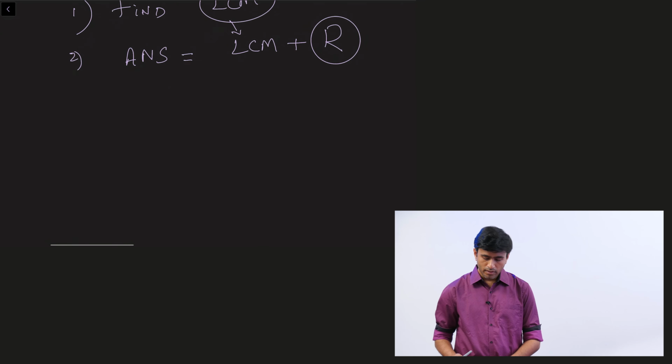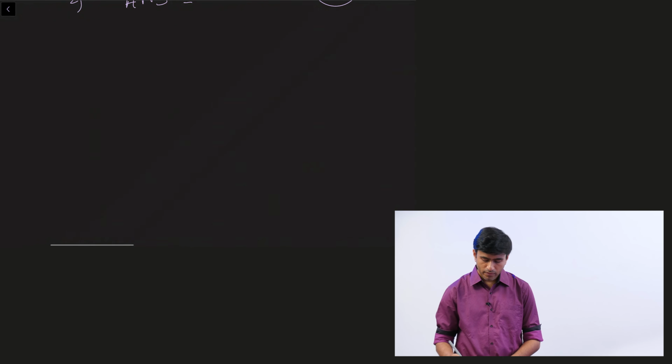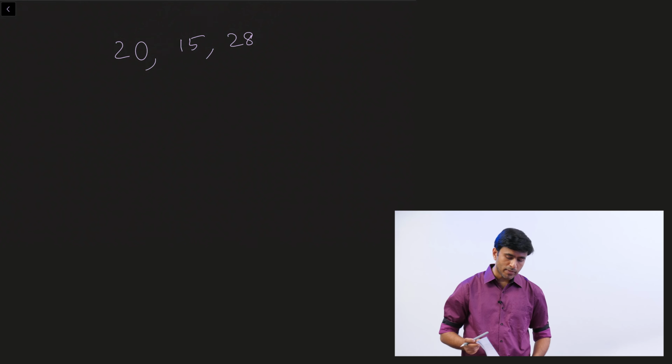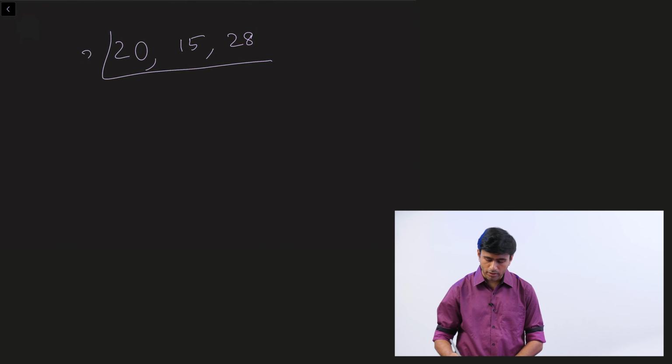So let's find the LCM. How do we find the LCM of the three numbers 20, 15, 28? The commonly used method is the division by prime factors. So we are going to do that.